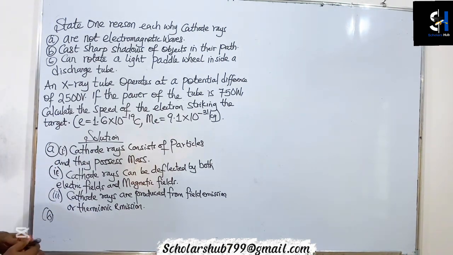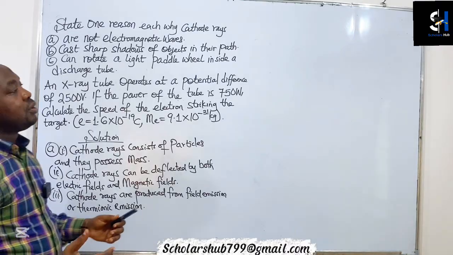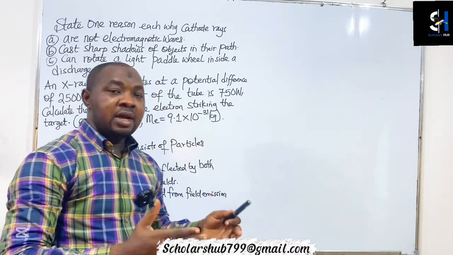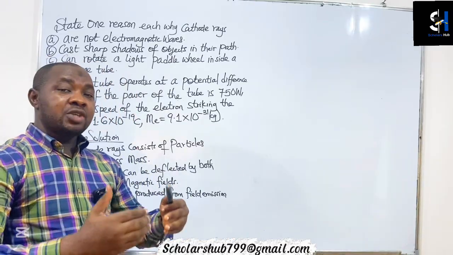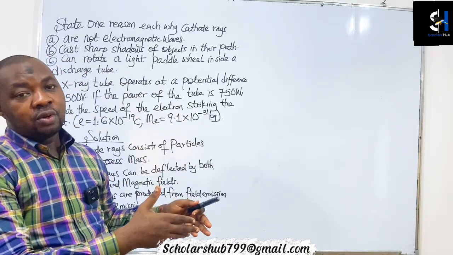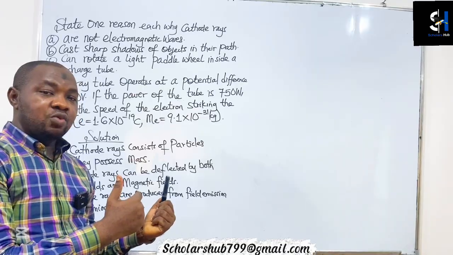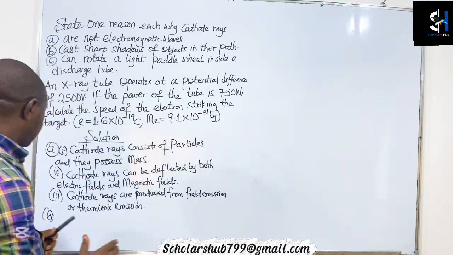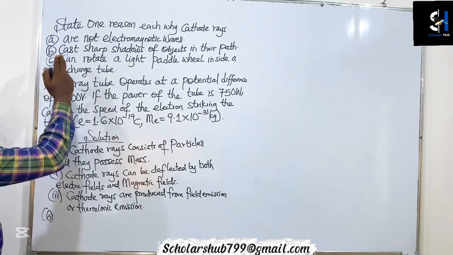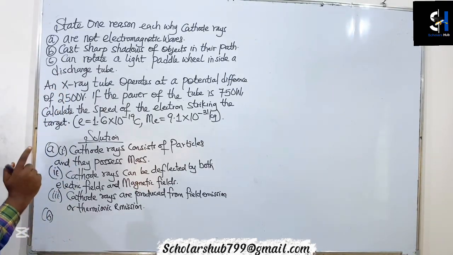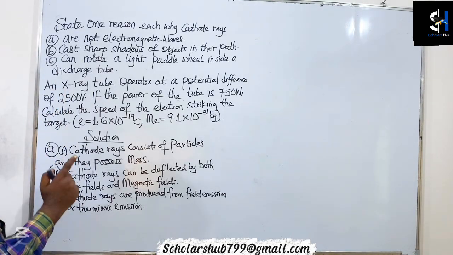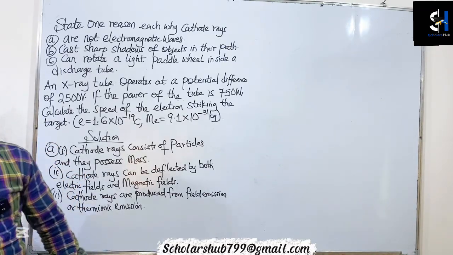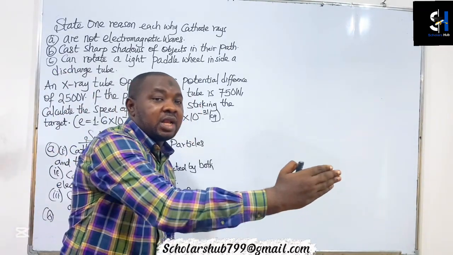Now we can also say that cathode rays require a vacuum or a low pressure gas in order to minimize collision in the discharge tube. But electromagnetic waves do not require a material medium. All right, so now B. One reason why cathode rays cast sharp shadows of objects in their path is because cathode rays travel in a straight line.